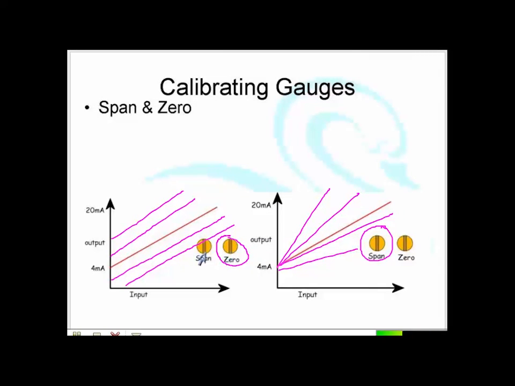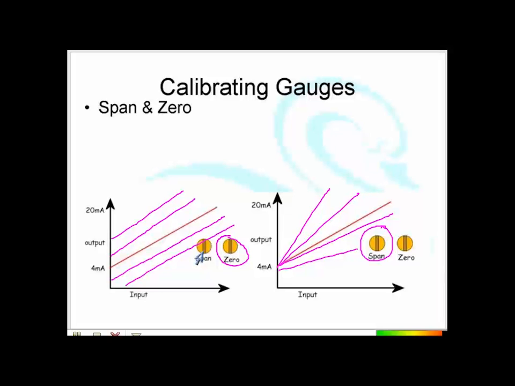The fact of the matter is, when we're calibrating gauges, whenever you adjust the span, it throws out the 0. And whenever you adjust the 0, it throws out the span. So calibrating an old gauge that had 2 screws on the side was a constant backwards and forwards procedure.